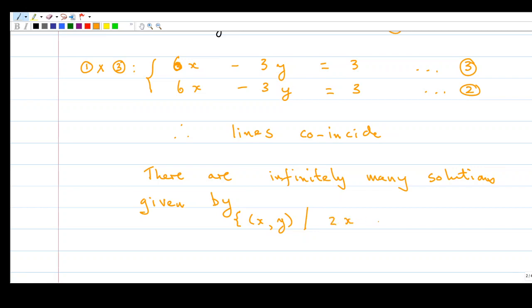So that's 2x minus y is equal to 1. Okay, we will stop over here.